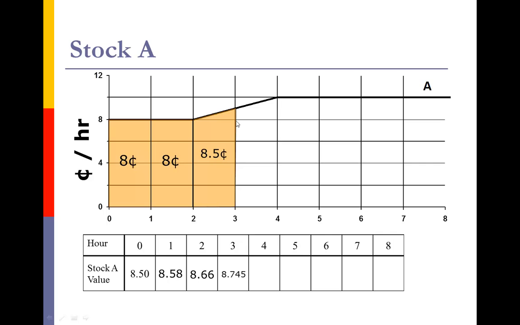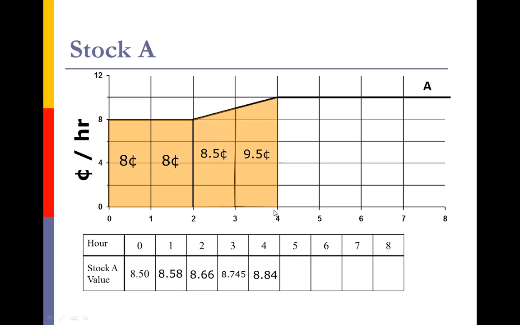The area of a triangle, hopefully you remember, is 1/2 base times height. I've got a height of 1 and a base of 1, so that's a half more. The area of that little triangle is a half cent more. Then I take that 8.5 cents and add it to my running total. After 3 hours, we now have a value of 8.745.